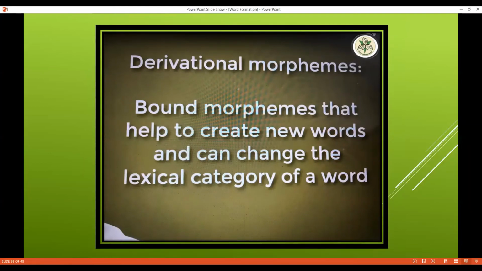Derivational morphemes serve to create new words in the language, and they also have the capacity to change the part of speech or lexical category from one to another.